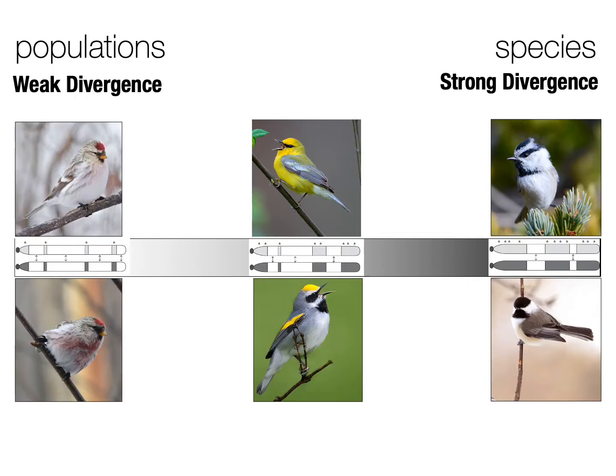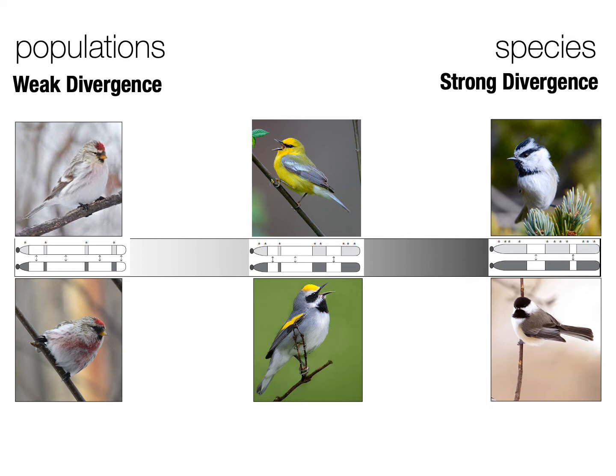And that's what I'm doing as a grad student, as a postdoc, and now as an assistant professor, working on avian systems that fall out in different places along this continuum. Here pictured are red-poll finches, blue-winged and golden-winged warblers, which we'll talk a lot about, and mountain and black-capped chickadees.